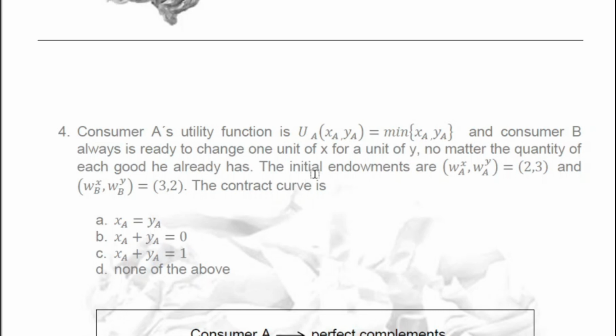The initial endowments are 2 and 3 for consumer A, while for consumer B, 3 and 2. Then the contract curve is, okay, we know that when one of the consumers has perfect complements, we will find the contract curve by equalizing these two components. So XA equal to YA is the correct answer.